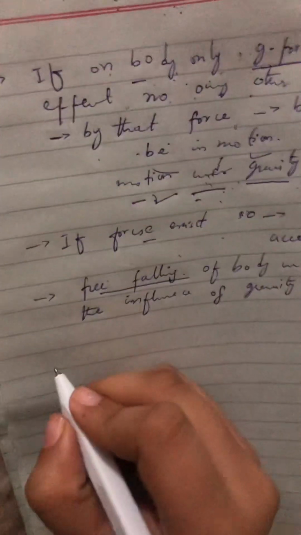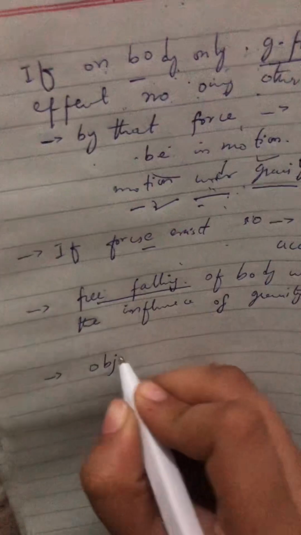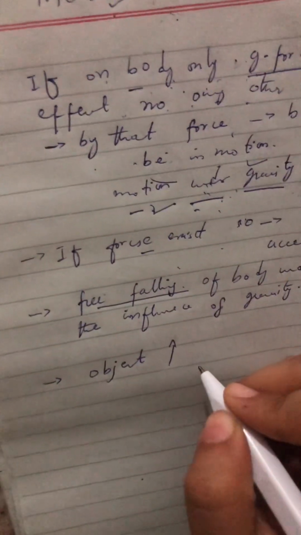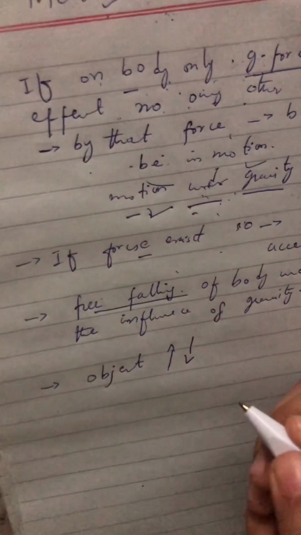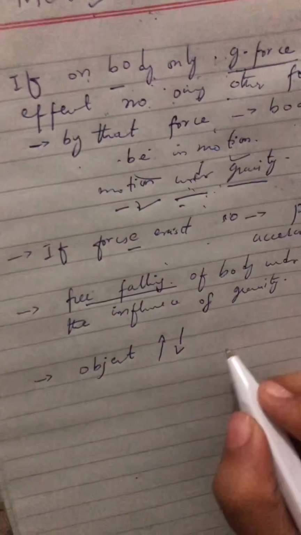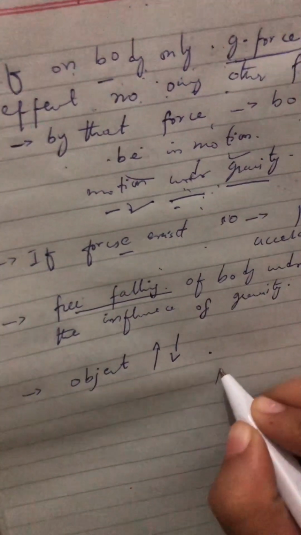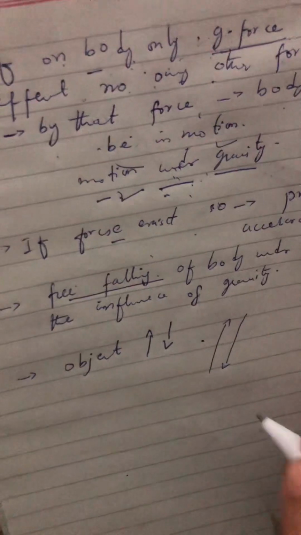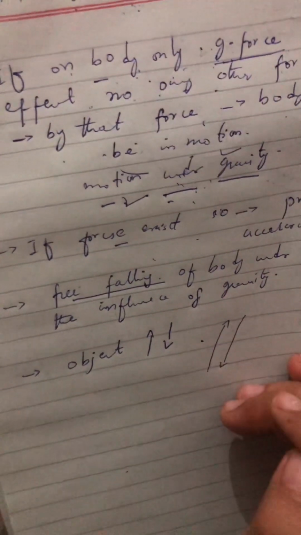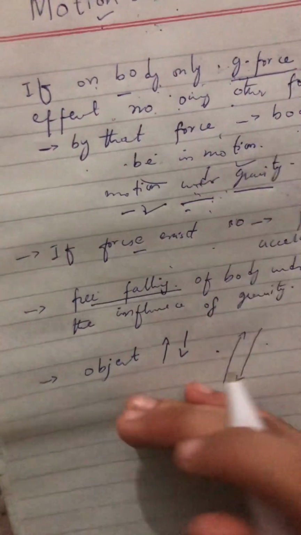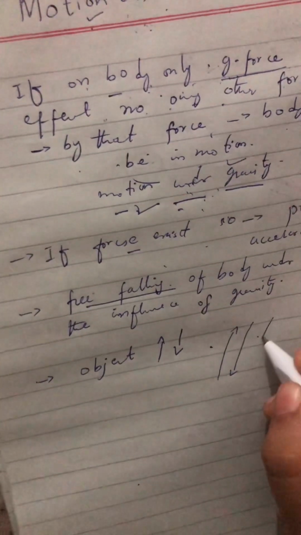After that, an object may be thrown upward or thrown downward, or released from rest. Which means if you drop the object upward or downward, the motion will be released, and that body will be freely falling.